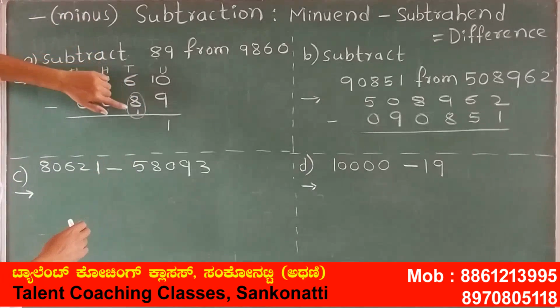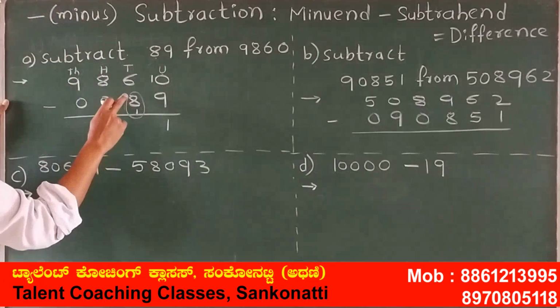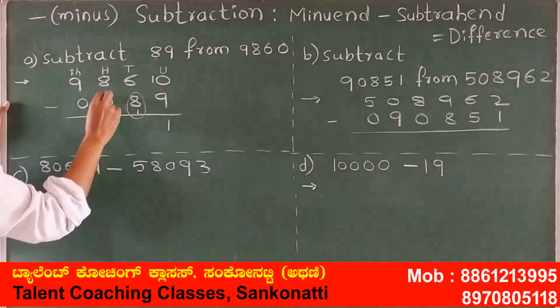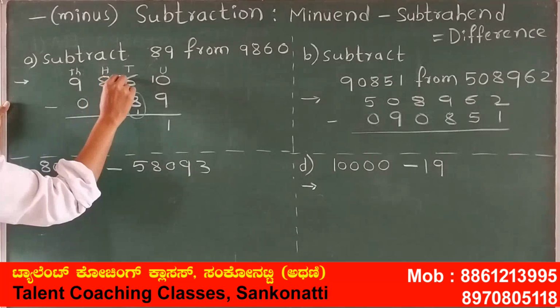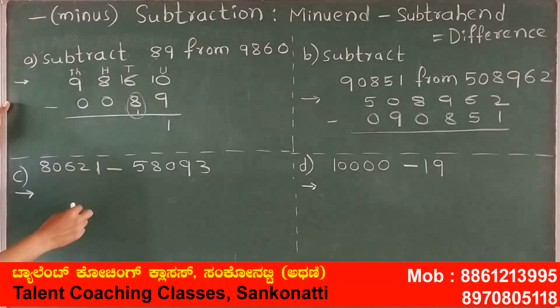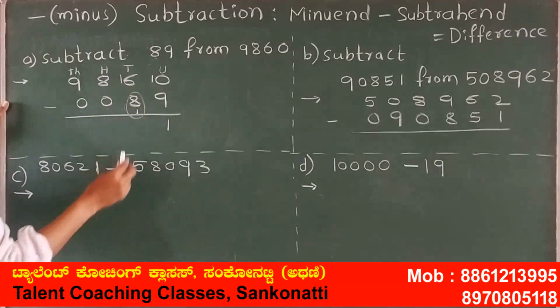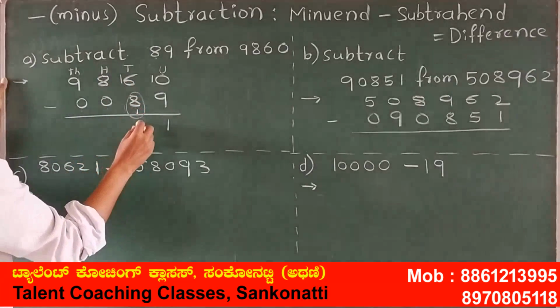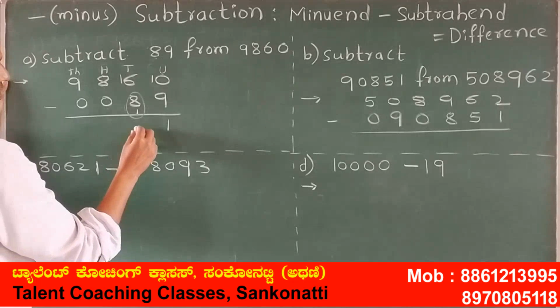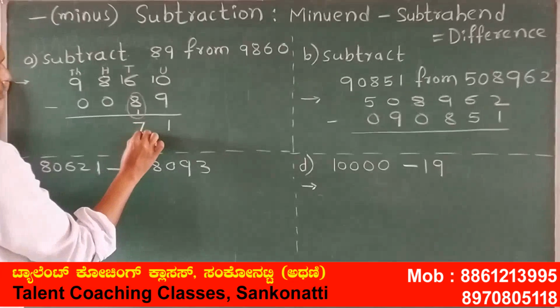This is 6. So 6 is smaller, 9 is greater. We cannot subtract 9 from 6. So once again we will borrow a carry and it will become 16. 16 minus 9 is 7.